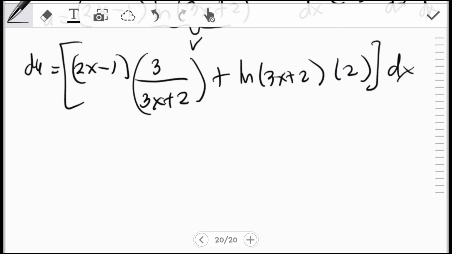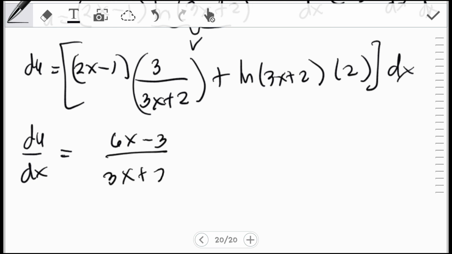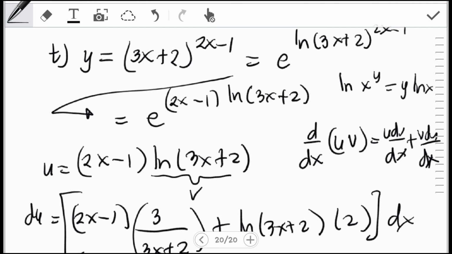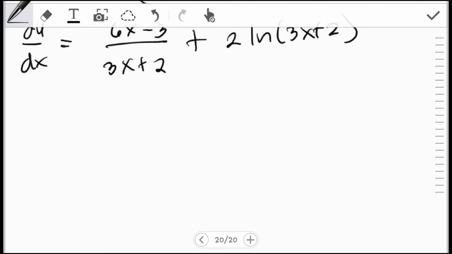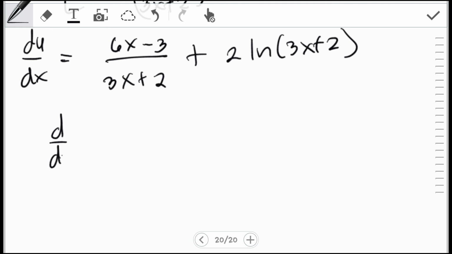Therefore, du over dx is equivalent to 6x minus 3 over 3x plus 2, plus 2 ln 3x plus 2. So substitute into the formula: d over dx of e to the u is equal to e to the u times du over dx.